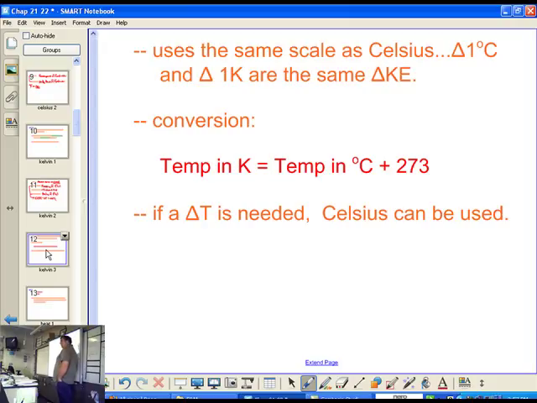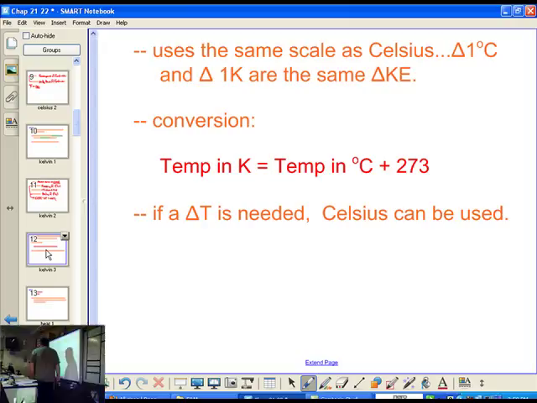If we're just looking at a change in temperature, we can use Celsius, because a change of 100 Kelvin or 100 degrees C is the same number. This is why we can use degrees Celsius in a lot of our formulas.